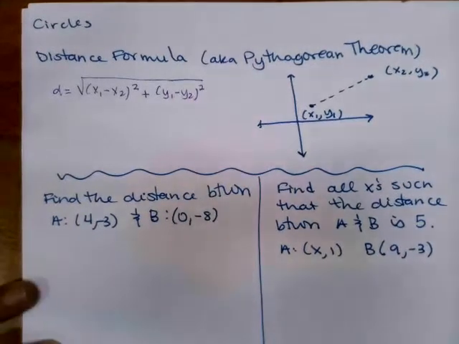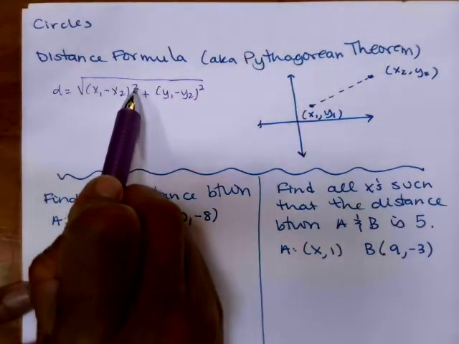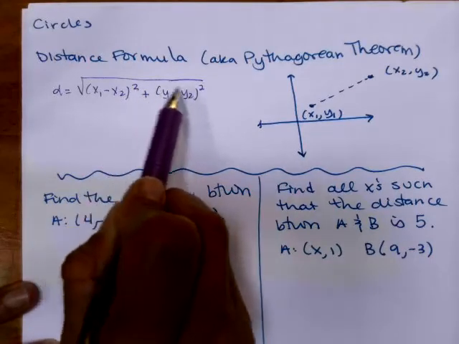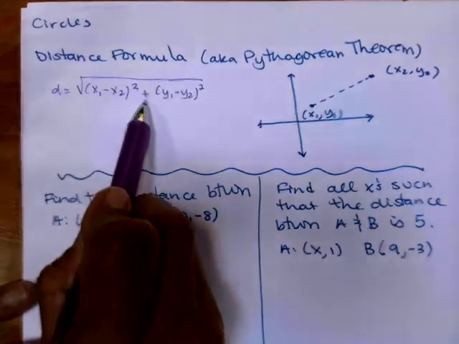Now, some things to keep in mind. One, even though these are both squared, you can't cancel them with the square root because of this plus sign right there.